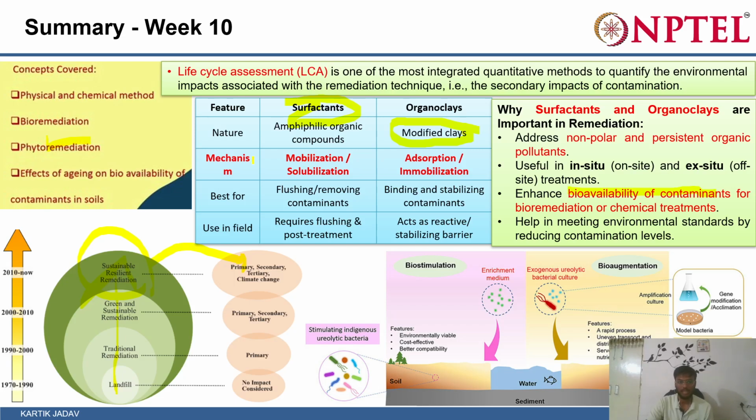In terms of mechanism, when we add surfactants to the polluted soil, the surfactants help mobilize or solubilize the harmful contaminants attached to the soil. Once they are mobilized or solubilized in the soil water solution, if we then add organoclays, the pollutants get adsorbed or immobilized.